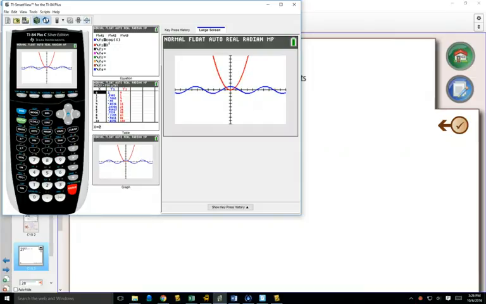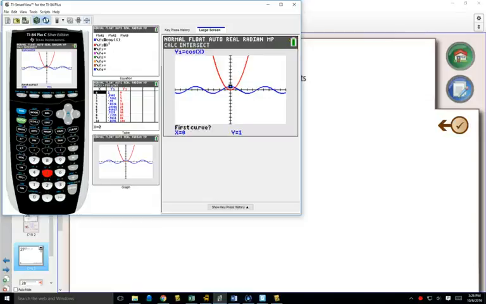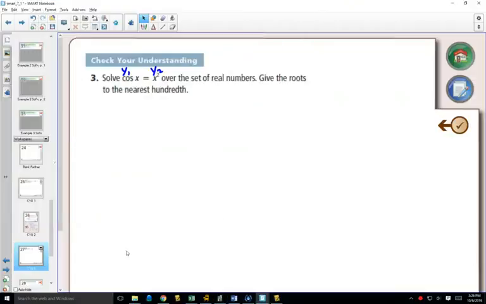So we're going to solve it right now, assuming we went zoom standard. And how do we find out where they intersect? Go second, calculate. Number 5 is intersect. Push enter 3 times, and it will find the closest one. So it found x equals 0.82. That would be to the nearest hundredth.